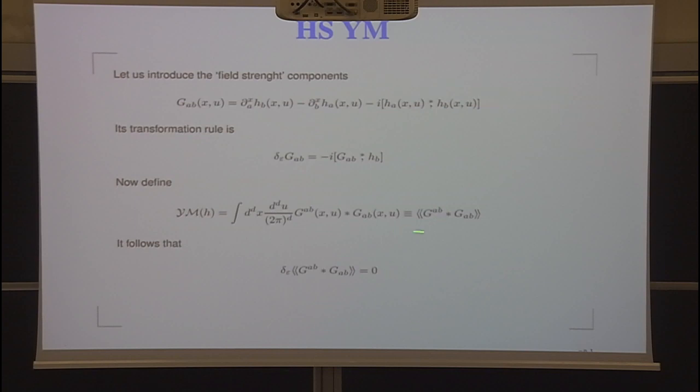I denote this double bracket as the double integration with respect to x and u. Now, regarding this double integration, remember that the dynamics is in x, in space-time, not in the phase space. u is simply a counting device. It's like imagine that you replace it with an infinite summation, for instance.